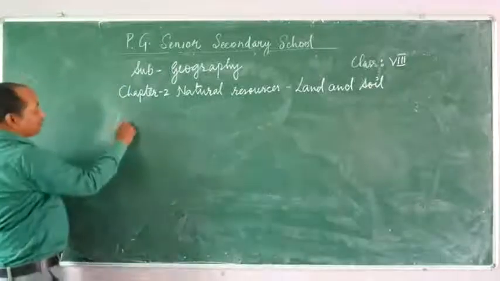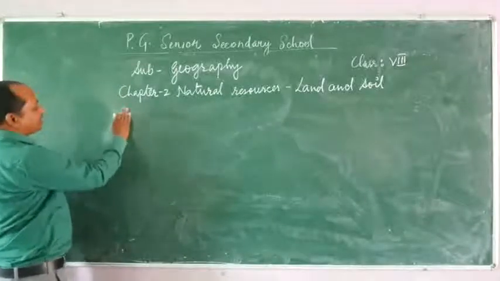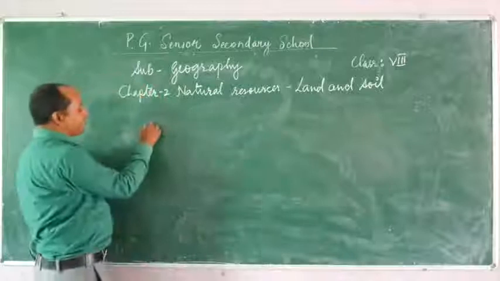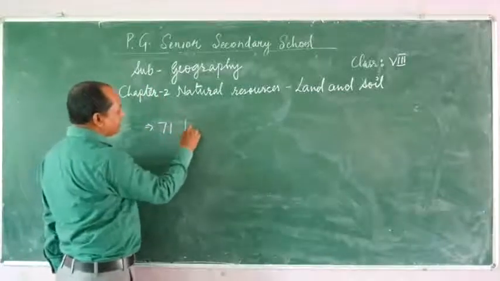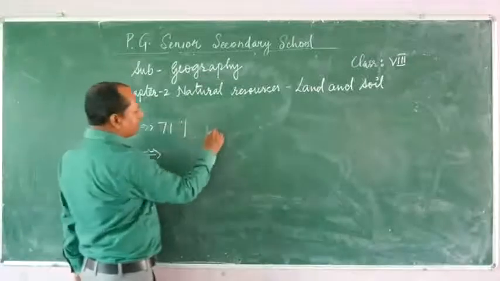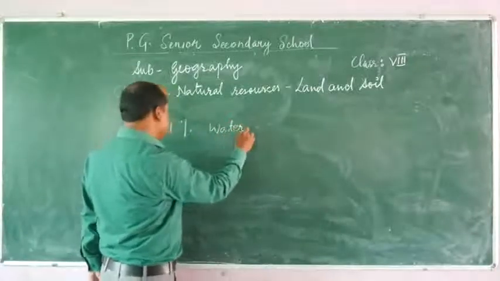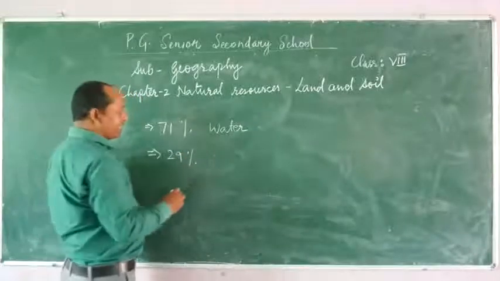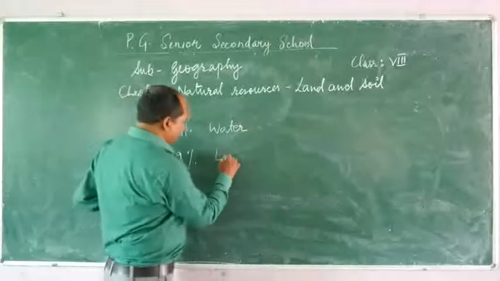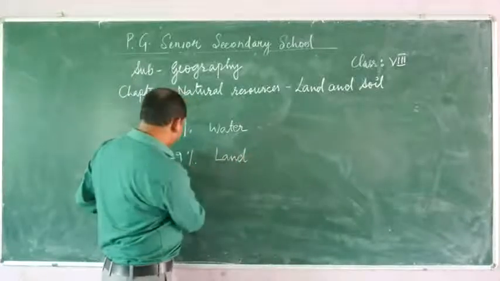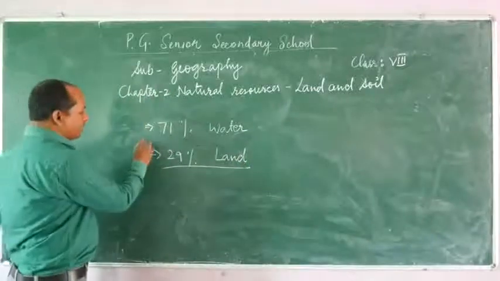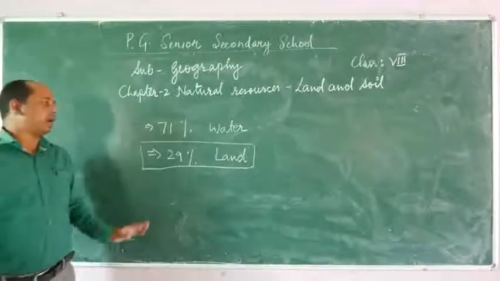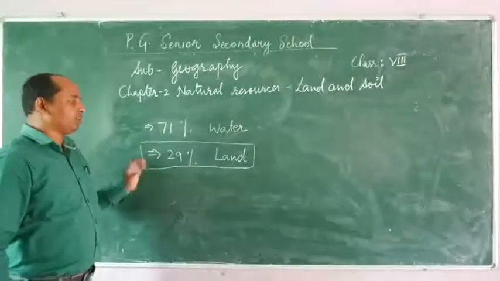At first we should know what land is, or let us introduce the chapter. As we know, on our planet 71% of the total surface area is covered by water and the remaining 29% of the total area is land area, and on this 29% we have to perform all our activities.